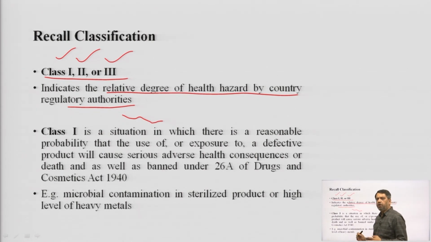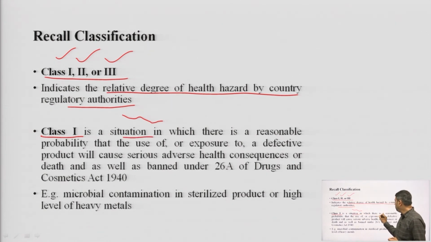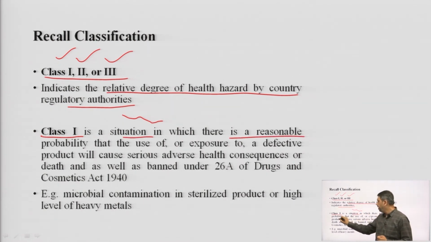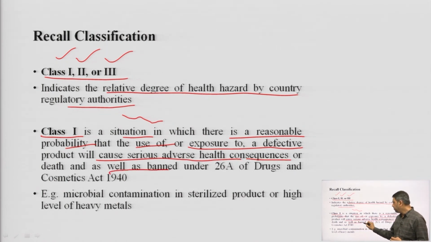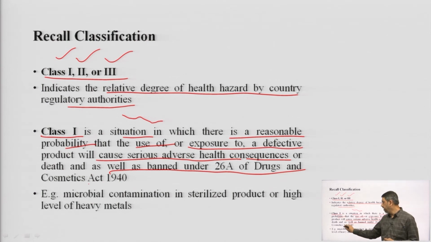The first type is the class 1 recall. This is a situation in which there is a reasonable probability that the use of or exposure to a defective product will cause serious adverse effects, consequences or death, or the drug is banned under section 26A of the Drug and Cosmetic Act 1940.